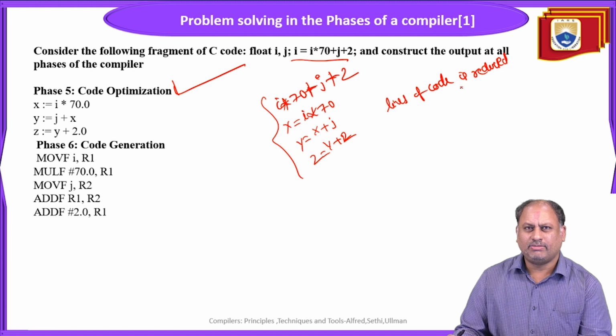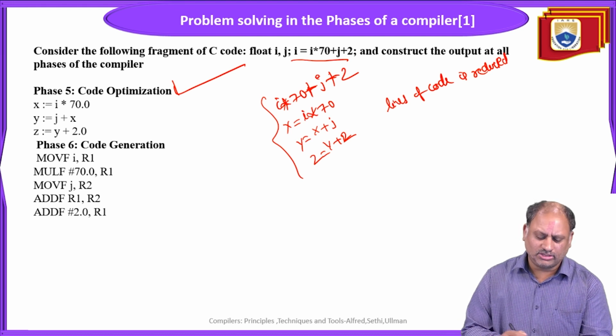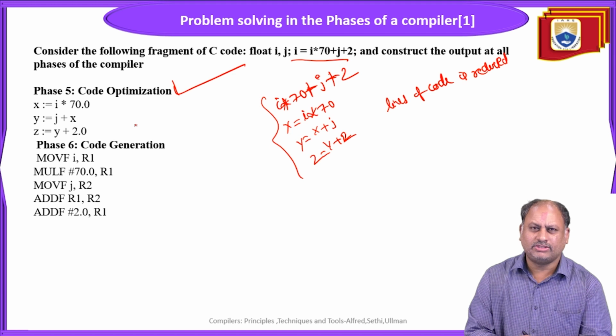So we are going to remove some unnecessary lines of code, and repetition, and avoid any common subexpression. A lot of techniques are there. We discussed this based on the implementation of algebraic transformations. For this step, it is only one assignment statement, and we get these 3 lines of code.